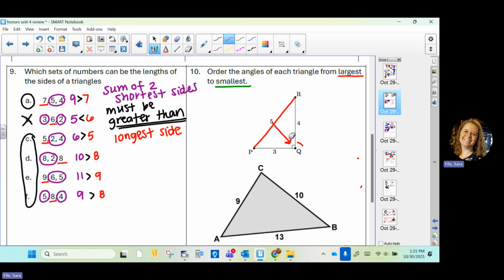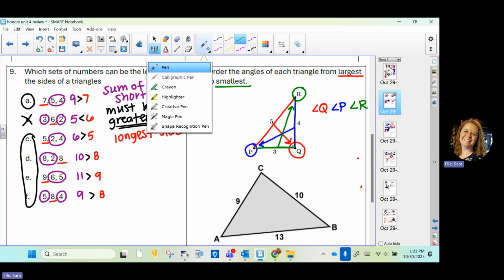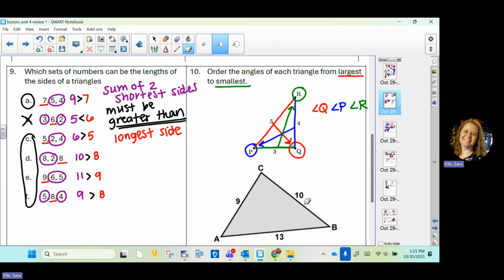Also, that's marked as 90 degrees, and in a right triangle, the right angle is the biggest angle. So this one is going to be angle Q. Then the middle side length is 4, which is across from angle P, so that will be in the middle. And the smallest side length is 3, so it will be across from the smallest angle, which is R. So that is largest to smallest for that one.